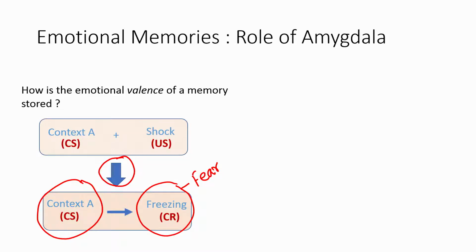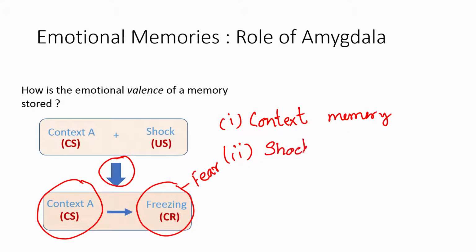One way is that you store the context memory separately. Second, you store the fact that there is a shock, of a particular value proportional to the amount of current, the degree of badness that the animal felt during that shock.